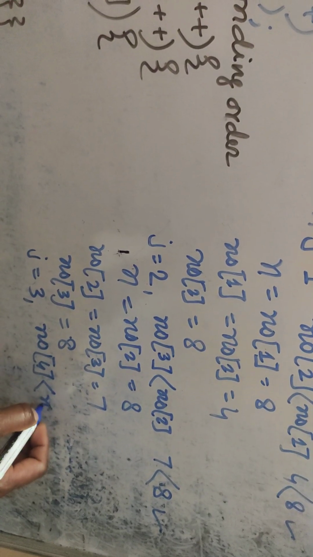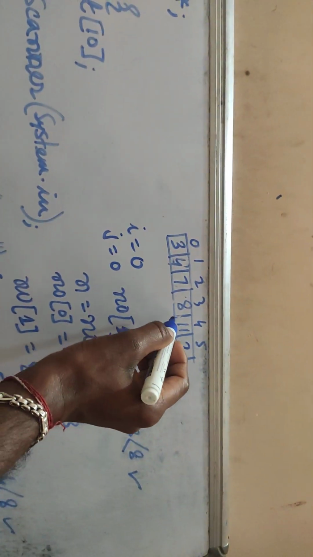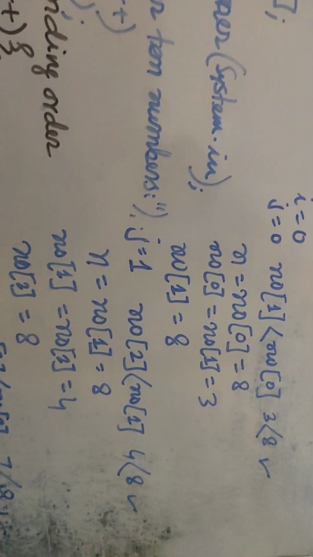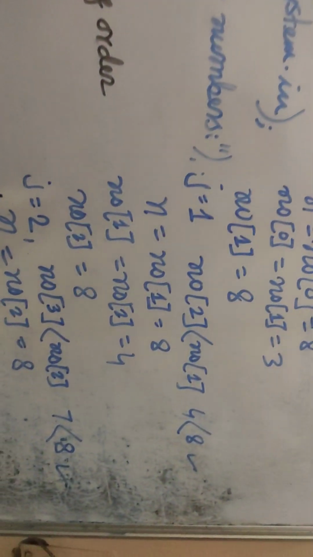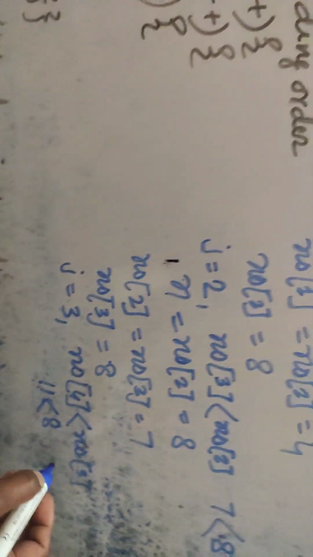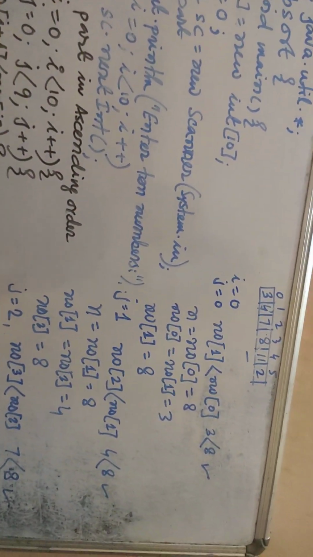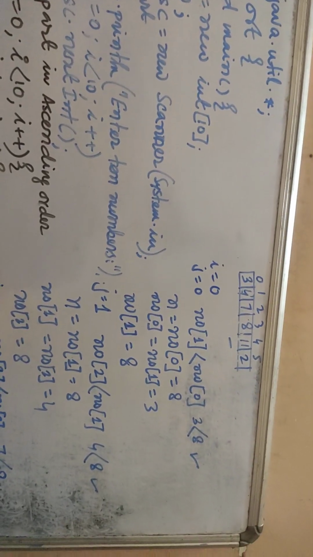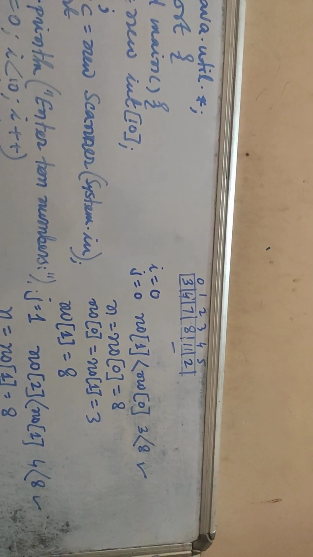Less than number of 3. So number of 4, which value is there? 11. 11 less than number of 3, 8. Is it true or false? 11 less than 8. It is false. So false means the computer has no need to swap. The computer will not exchange the values of the 4th location and the 3rd location.